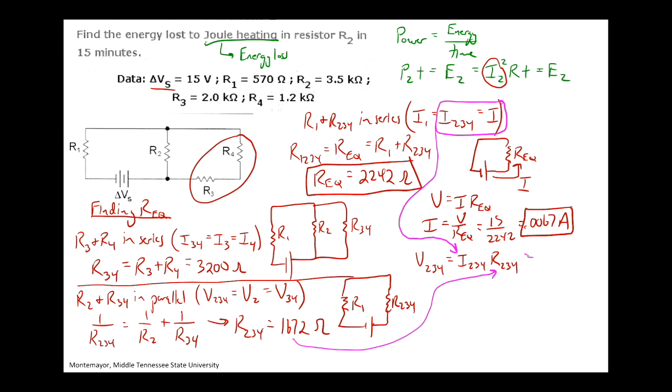So we can find V234, and it is 11.2 volts. And then we'll hop over to this little statement, that V234 is the same as the potential difference across just 2. So now I can write that V2 is equal to I2 times R2.